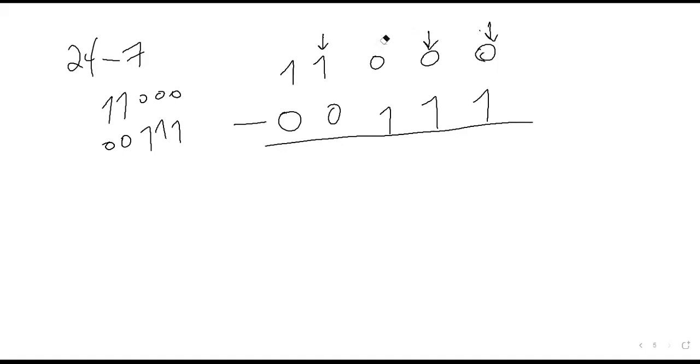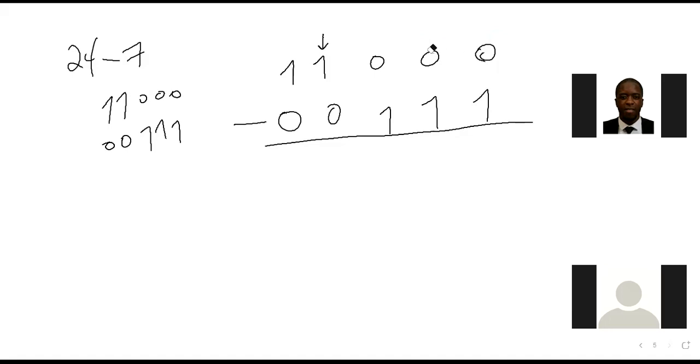How do we borrow from that 1? If we borrow from this 1, we are left with a 0. Then the 1 we borrowed moves to that column.